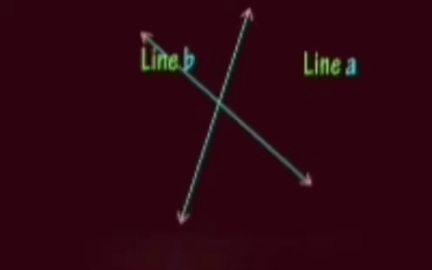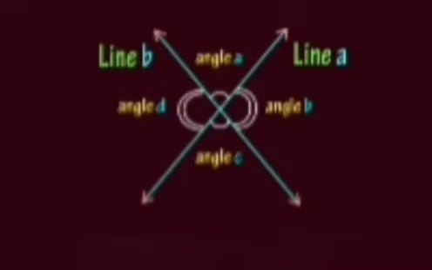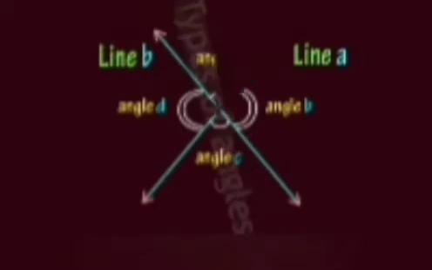Now there is a line A and there is another line B, and you can see that line A and line B are intersecting each other. So whenever lines intersect, we have angles in between.